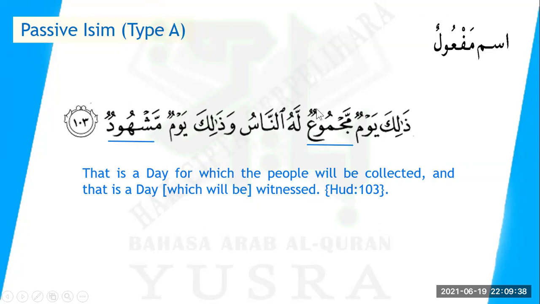So majmu'un, passive form, you translate to be gathered or will be gathered, because you talk about the future. So that is the day, majmu'un, will be gathered, lahun nas, for him, all men. Lahu refers to Allah.